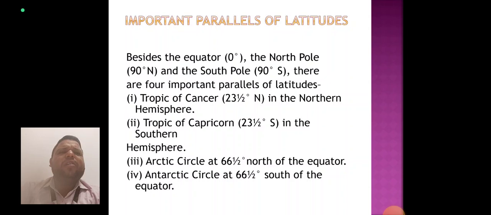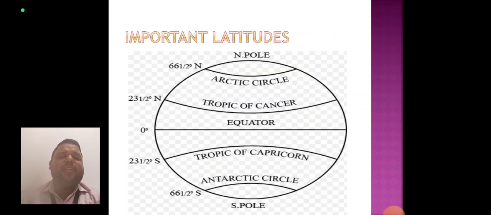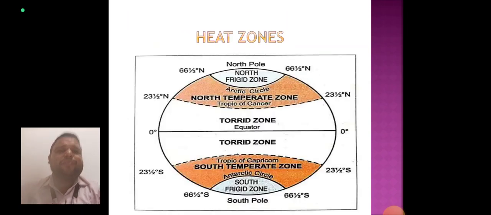The important parallels of latitude besides the equator 0 degree, the North Pole 90 degrees north and the South Pole 90 degrees south, are the four parallels of latitude: Tropic of Cancer 23 and a half degrees in the northern hemisphere, Tropic of Capricorn 23 and a half degrees in the southern hemisphere, Arctic Circle 66 and a half degrees north of the equator, and Antarctic Circle 66 and a half degrees in the southern hemisphere.